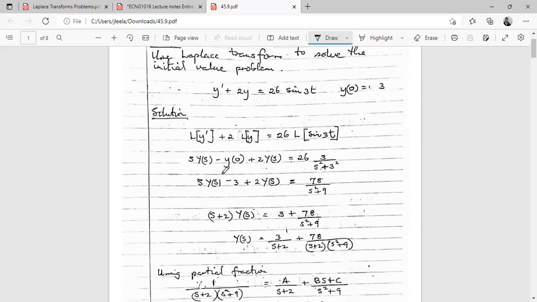So this left hand side here, remember the y(0) is 3, so that will be sY minus 3 plus 2Y. And this 26 by 3 is 78, with 3 squared, which is 9, in the denominator here.